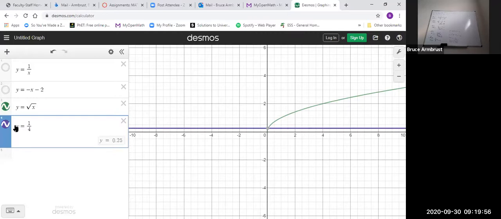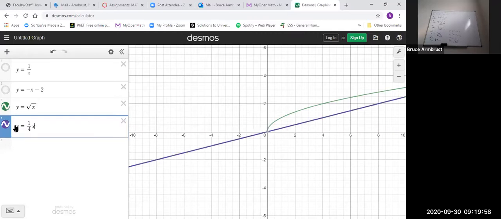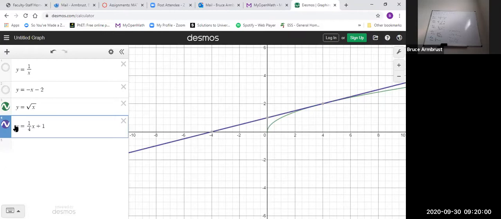So I'm pretty sure for that one we have 1/4 x plus 1. Right? So that's the one that we found the other time. And you can see exactly the same thing. Right here at this point, 4, 2, they do come together.